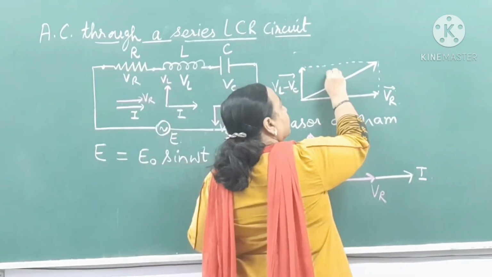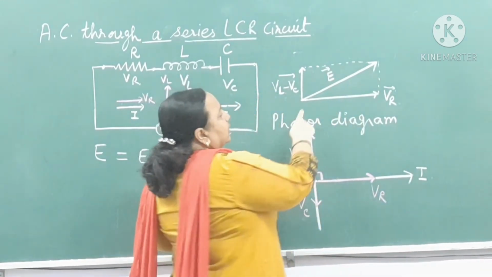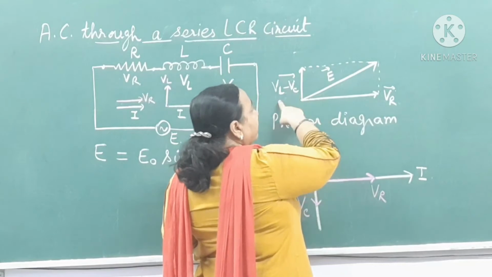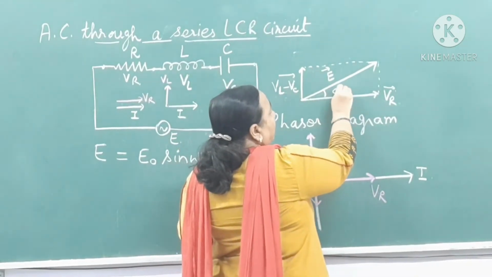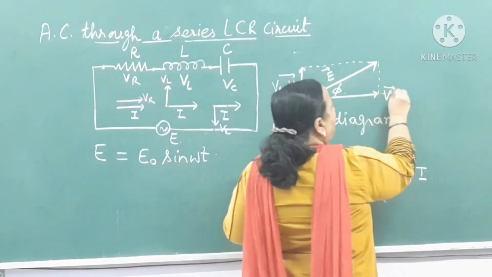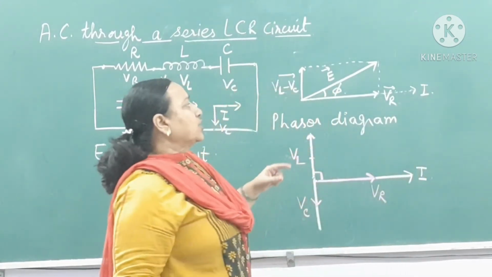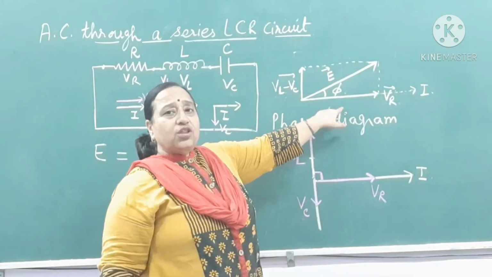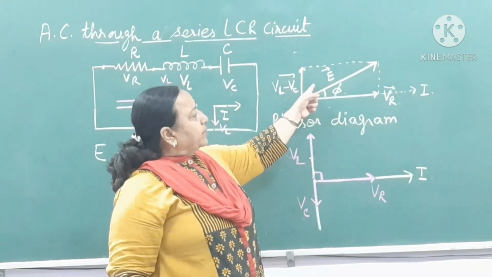It is nothing else but the EMF applied. So vector E is given by the sum of VR and VL minus VC. Let us suppose it is having a phase difference of phi with the direction of VR, and you know that the direction of VR is along the direction of the current. So in this situation the resultant EMF is directed.